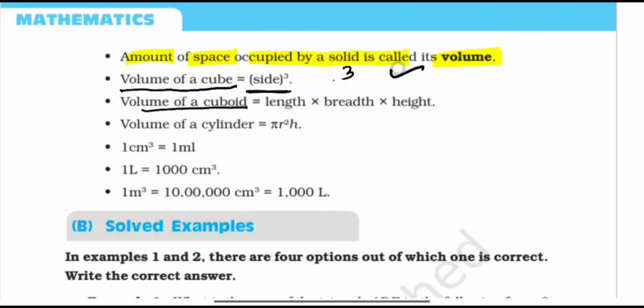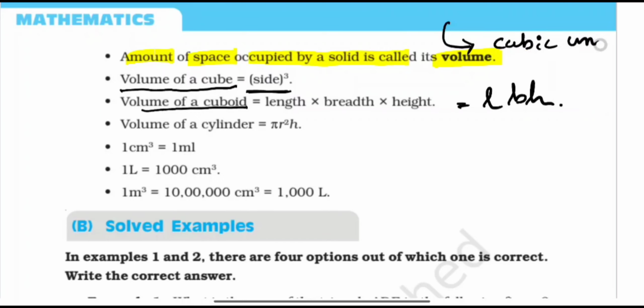A cuboid has all different edges, length, breadth, height, so it would be written as L B into H. Is that clear? And one more important thing you should remember, volume is always written in cubic units.